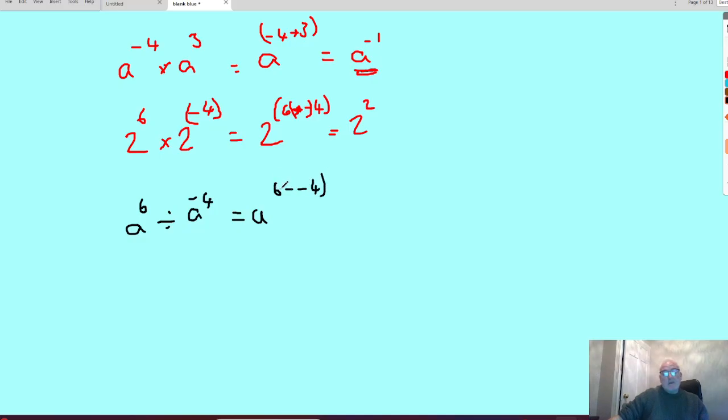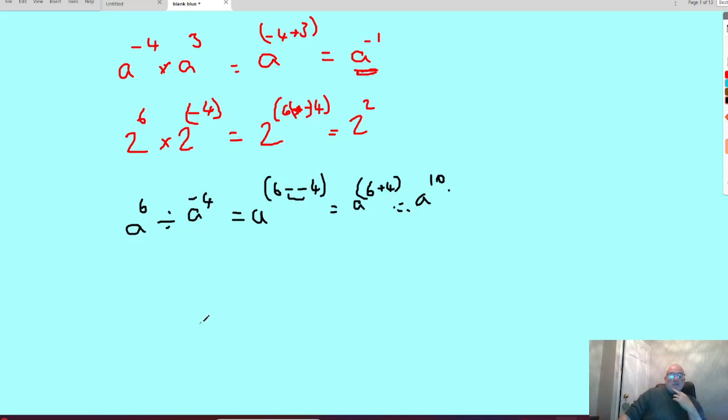So remember, I've got two negatives here now, and two negatives would make a positive when they're right next to each other like that. So that would end up being 6 plus 4, which is going to give me a to the power of 10. So don't fall into that trap using those negatives if the negatives are on the power.